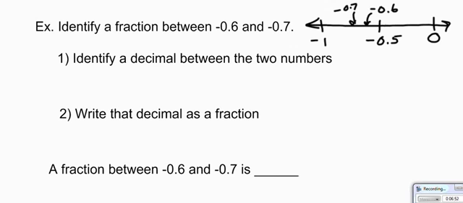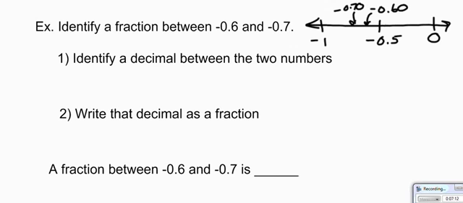So think of this as negative 0.60 and negative 0.70. Well, now that we think of them as 60 and 70, you should hopefully think of 9 other numbers that come in between them. Take a minute, think about it.